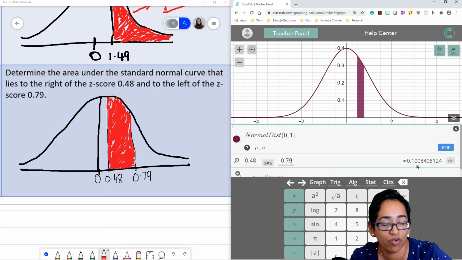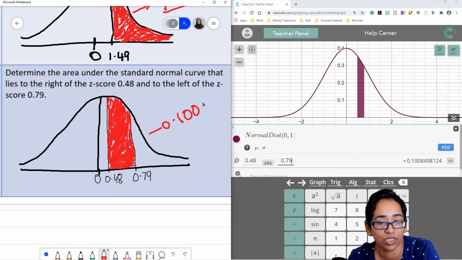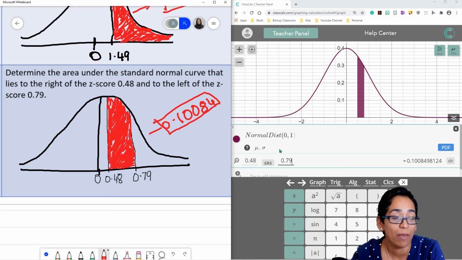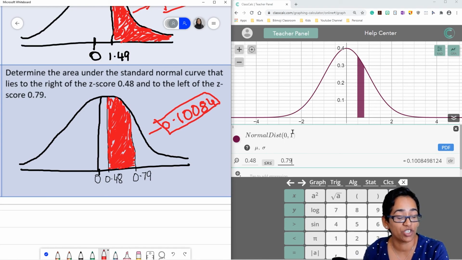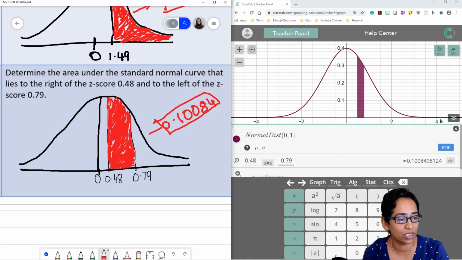And again, your area is 0.10084, depending on how many decimal places they want. But if you don't plug in the normal distribution as 0 and 1, you will not be able to find the area. So let's go ahead and quickly recap how this is done.